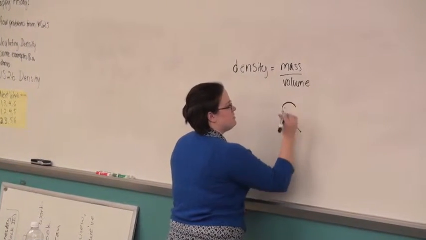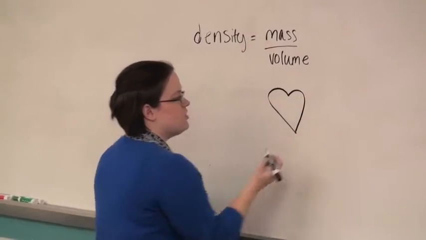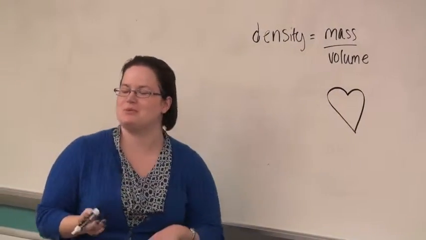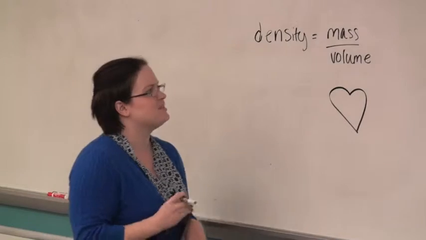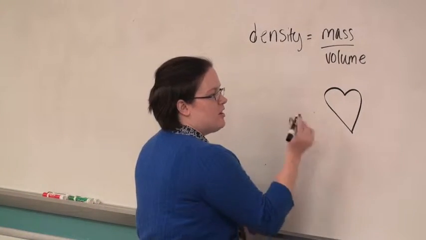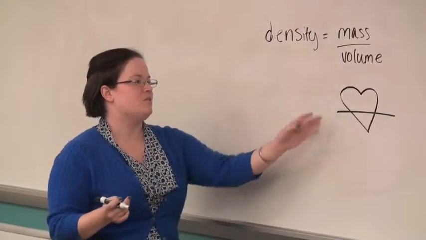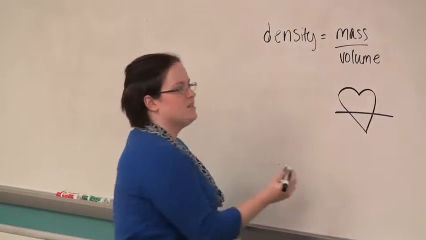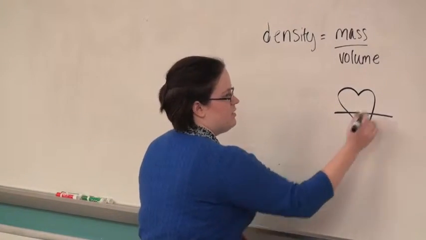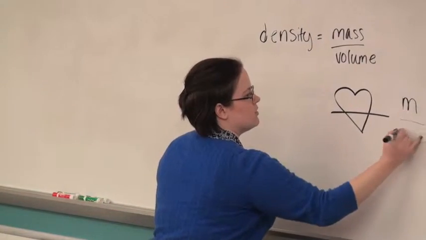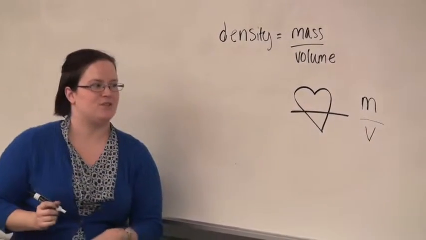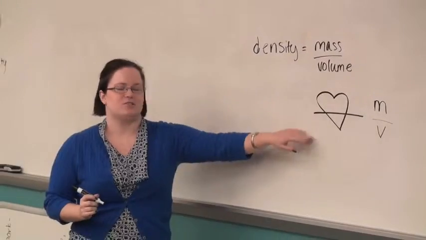So if you get stuck, draw a little heart on your paper. I know there's some people in this class who like to draw hearts on papers. So draw a heart on your paper and draw a line through it. And what do you know? We've got an M and a V. So density is mass over volume. So if you get stuck, draw a heart.